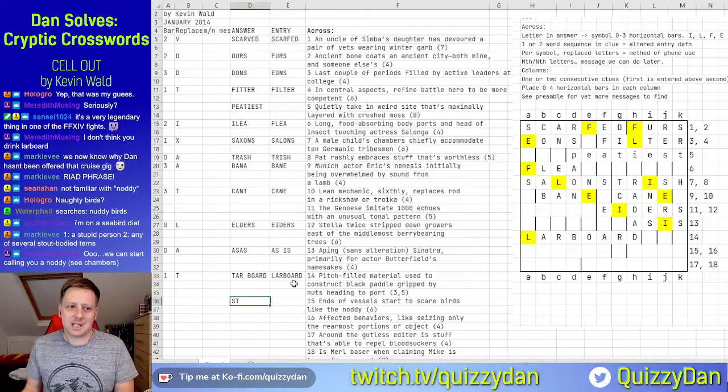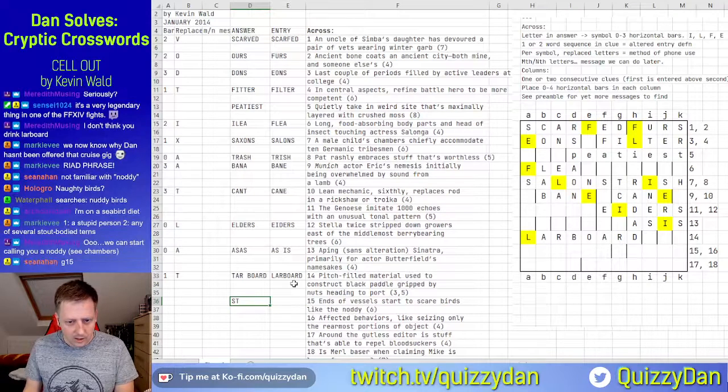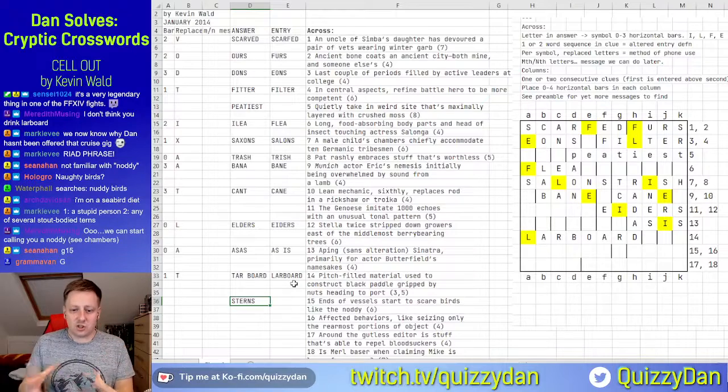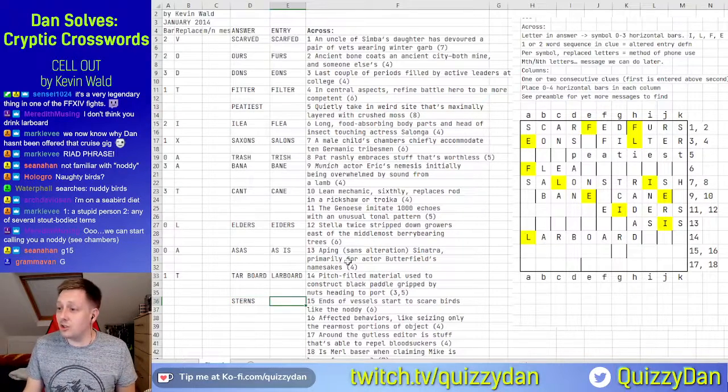Any of several stout-bodied terns. Turn. Ends of vessels. Well, that's sterns then. Ends of vessels are sterns. The start to scare is S. Birds like the noddy. Those are terns. So you get sterns. And if we replace the... Is it stern with an E at the end? That is a word, and I know it is a word.